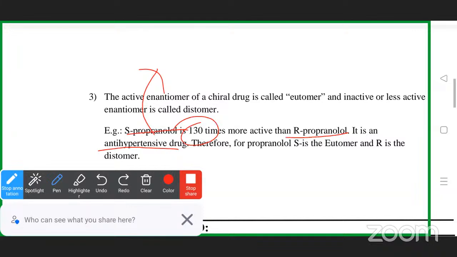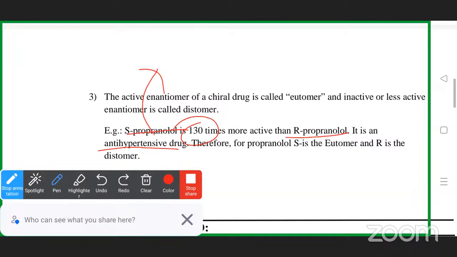Both R and S propranolol compounds carry the same number of carbons, hydrogens, oxygens, and groups. The only difference is the orientation of the groups.